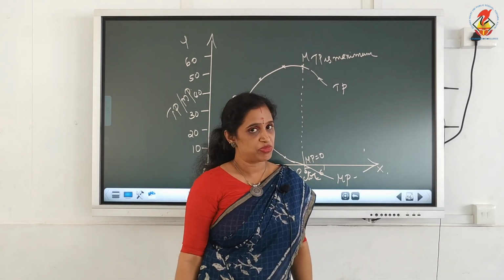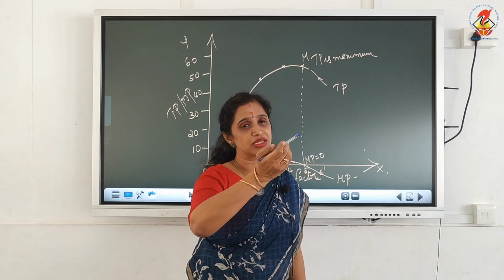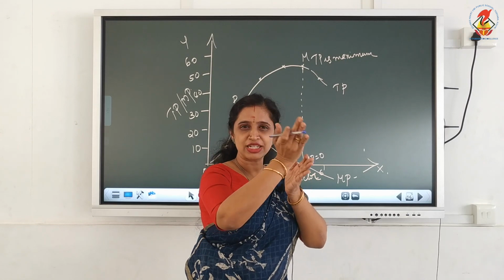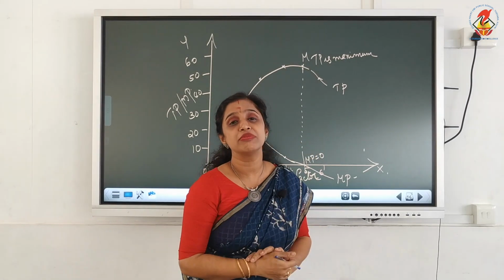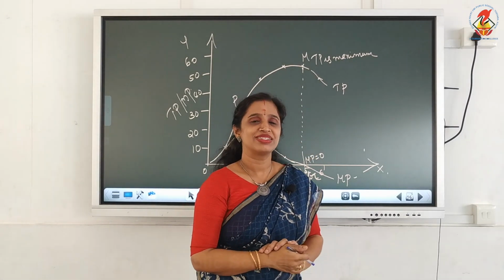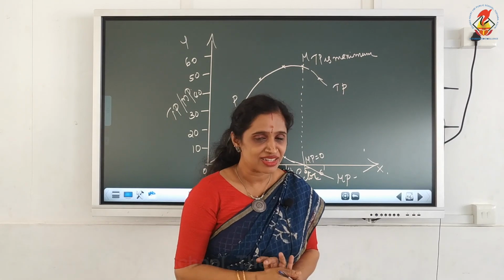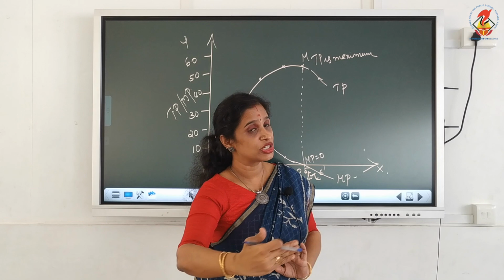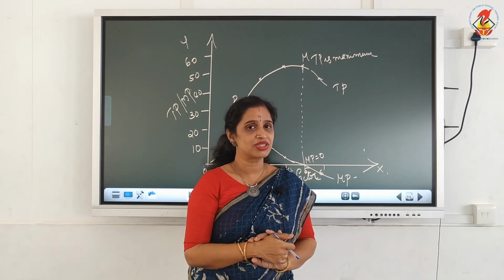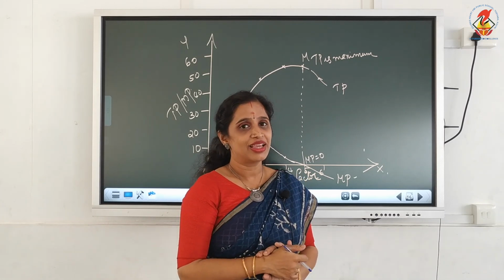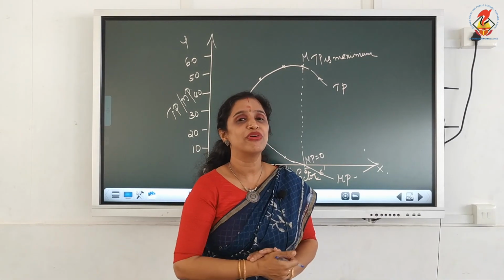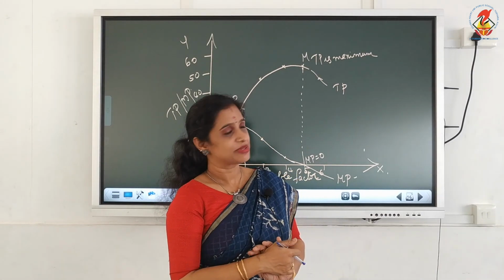TP increases initially at an increasing rate, then increases at a slow rate, reaches the maximum, and finally it falls, just like the total utility curve. Likewise, the marginal productivity curve is a downward sloping curve, because it indicates the marginal productivity decreasing when we are increasing the number of variable factors.